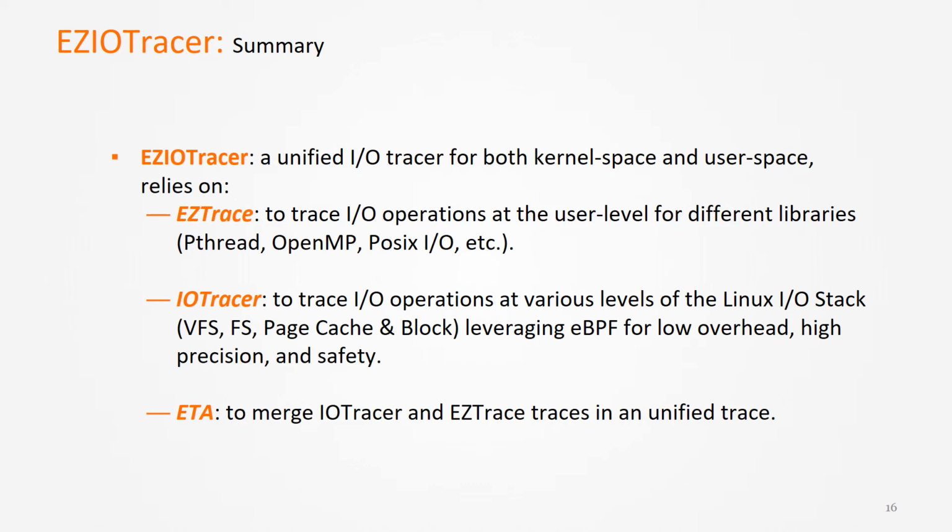The second one is IOTracer to trace IO operations at various levels of the Linux IO stack, VFS, FS, page cache, and block, leveraging eBPF for low overhead, high precision, and safety. The last one is the ETA framework used to merge and unify the traces made by EZITrace and IOTracer.